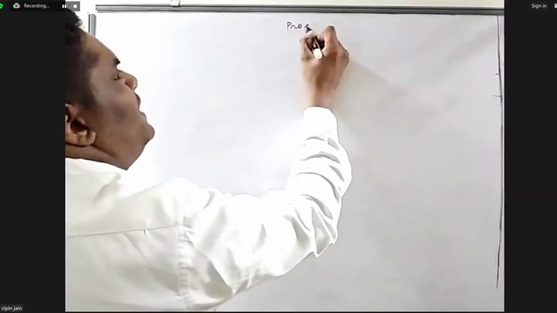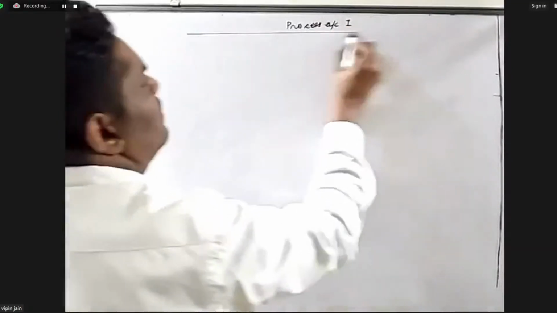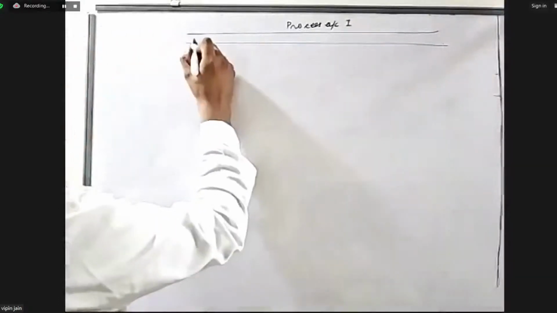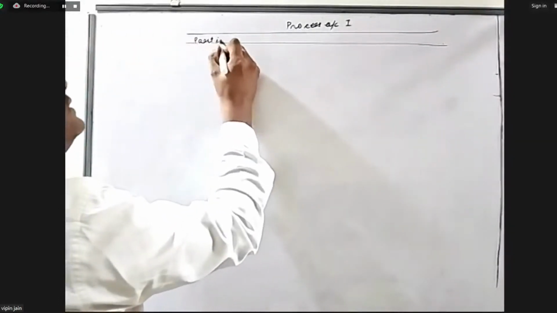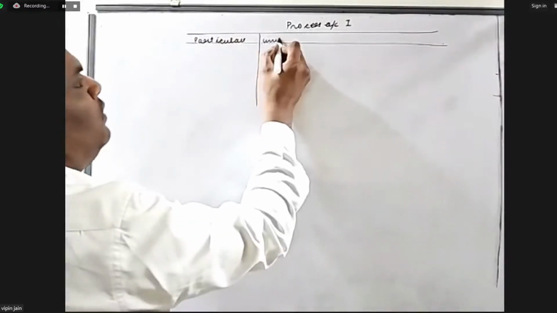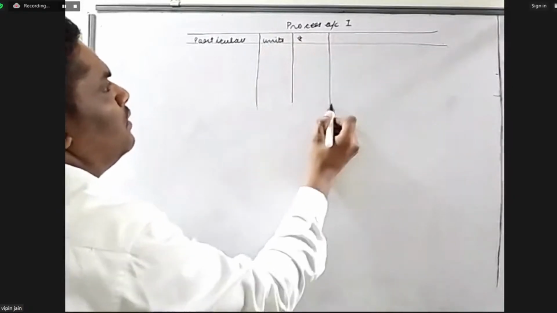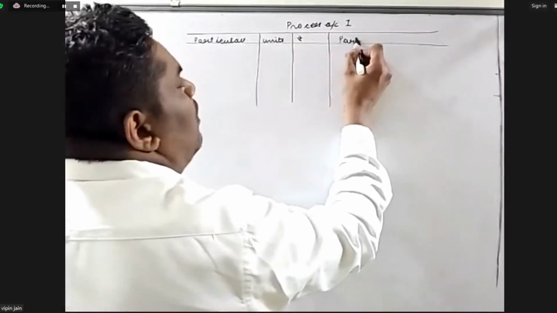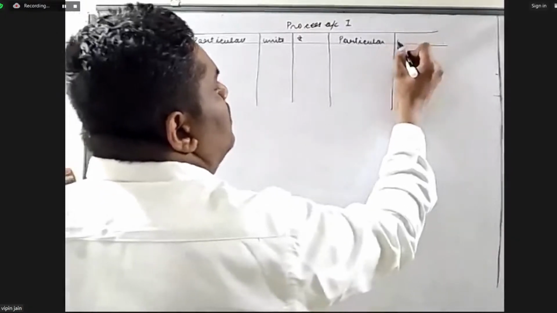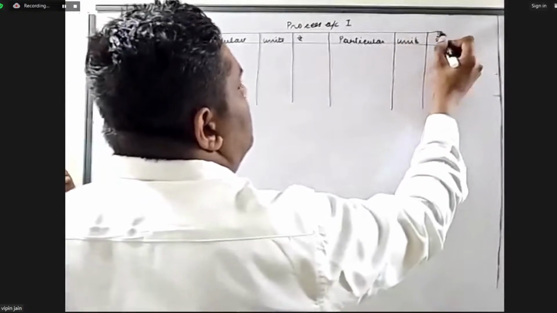When talking about the basic process account, it's very simple, wherein particulars, units, amount. Particulars, units, and amount.